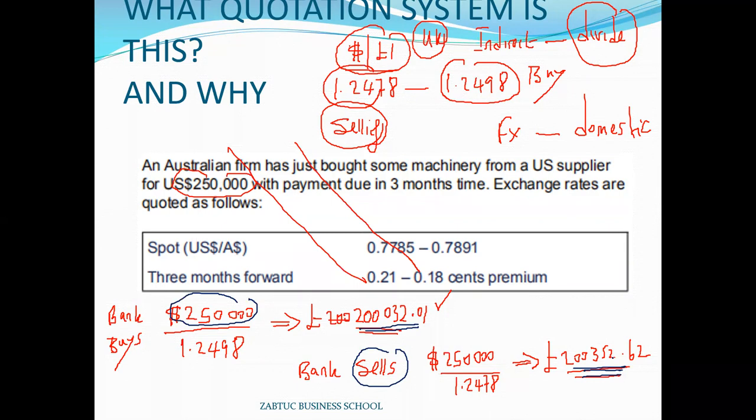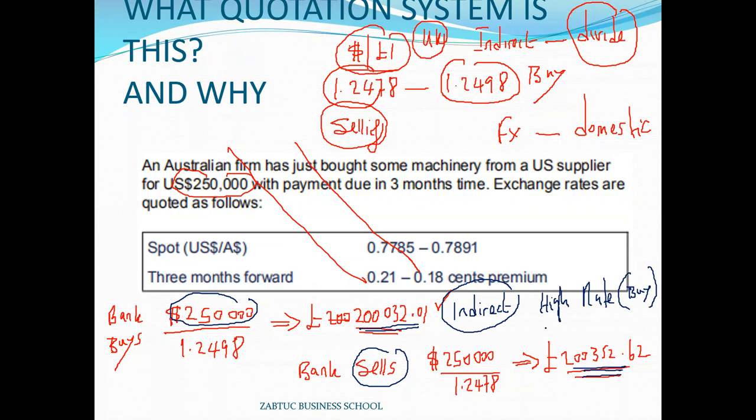What does this example show us? This example confirms that if you have an indirect quotation system, the high rate is used when the bank is doing what? Buying.